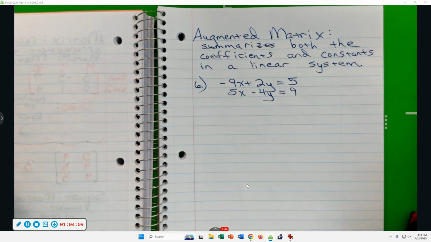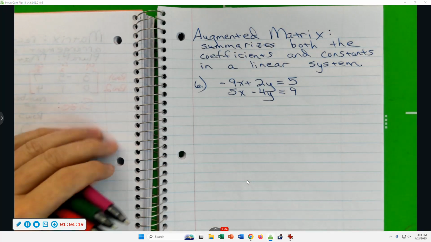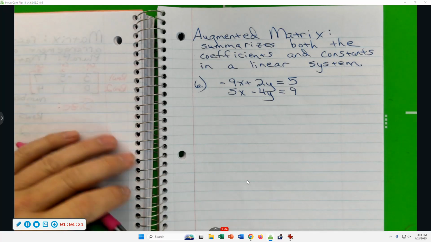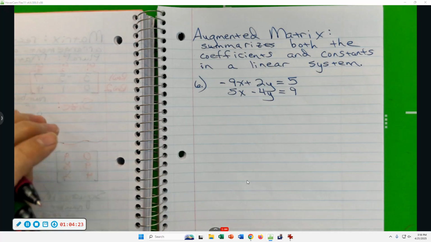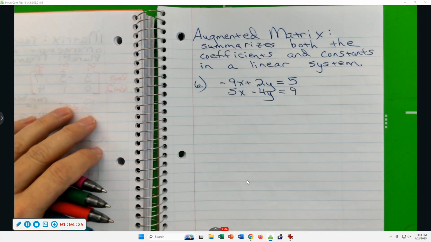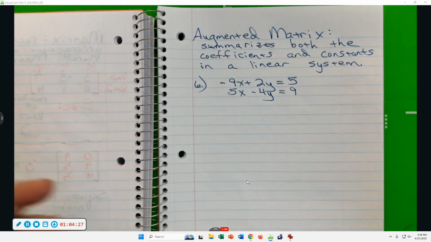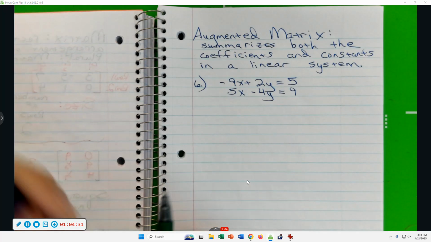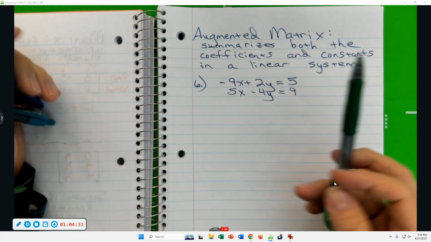If they say solve by elimination and you're like, oh, I'm going to solve it by substitution, you'd still get the same answer. Okay? I'm more apt, if it says solve by substitution, to use elimination too. But not when I'm teaching it. I'm going to do what the instructions say when I'm teaching.